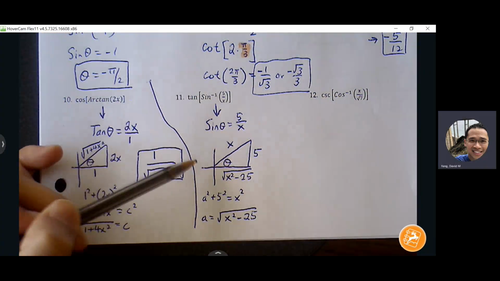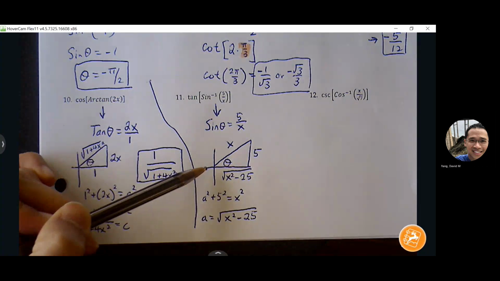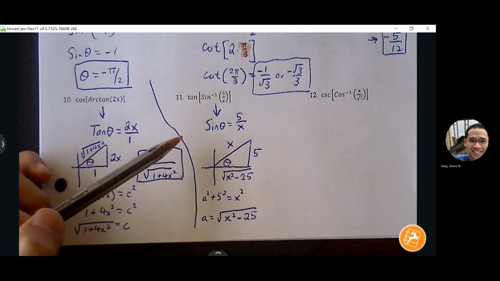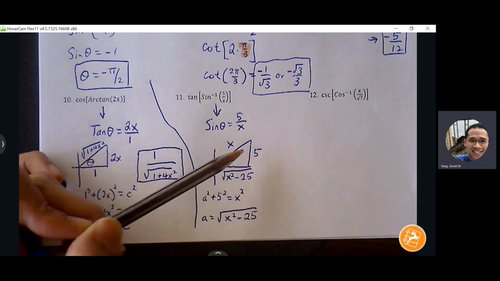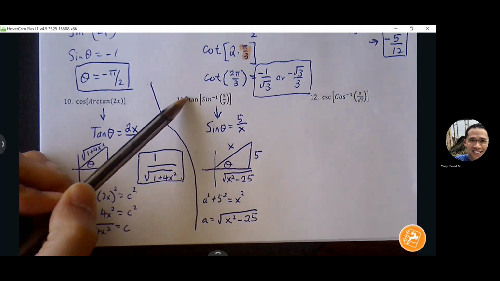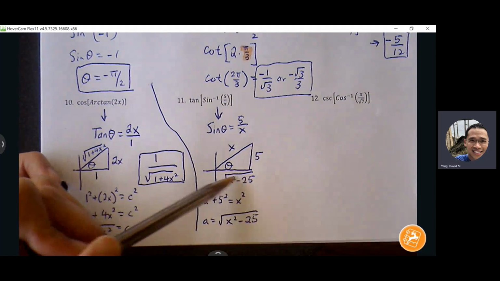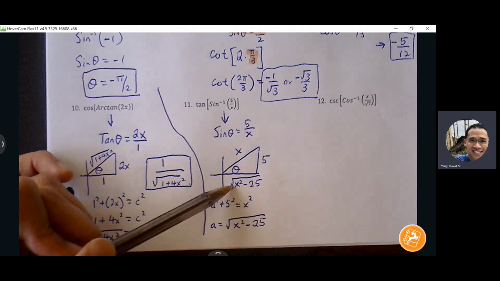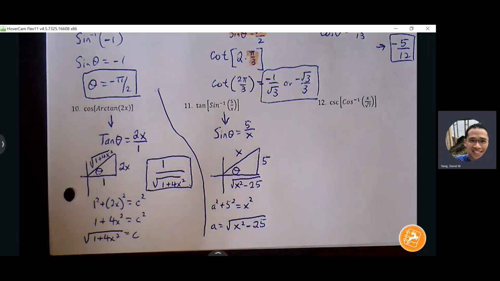Okay, what's tangent of theta? Good. 5 over the x-axis, right? Yeah, so 5 over the square root. Okay, opposite over adjacent.